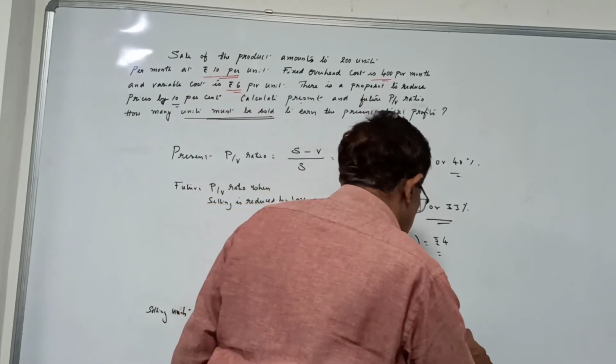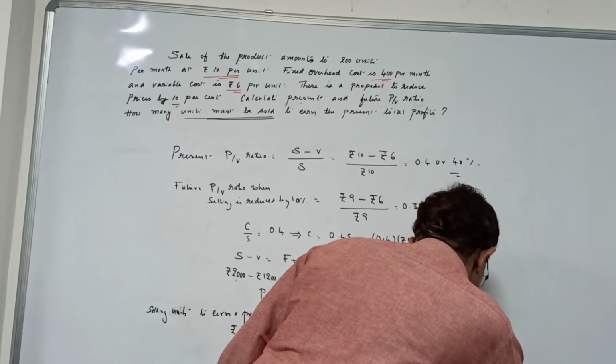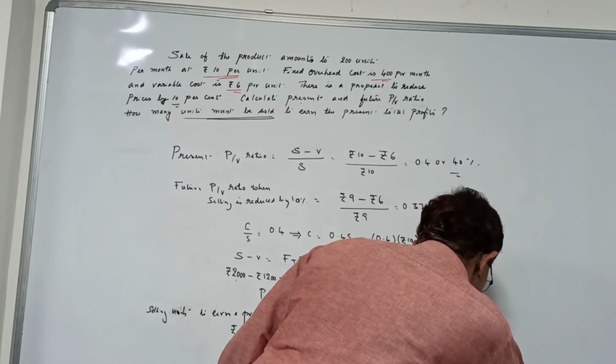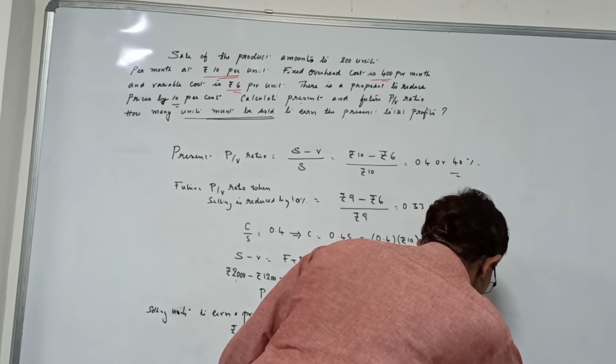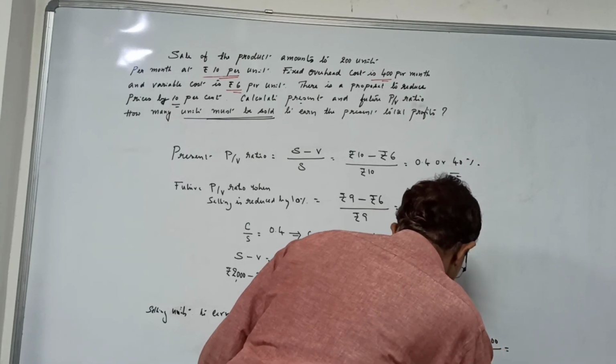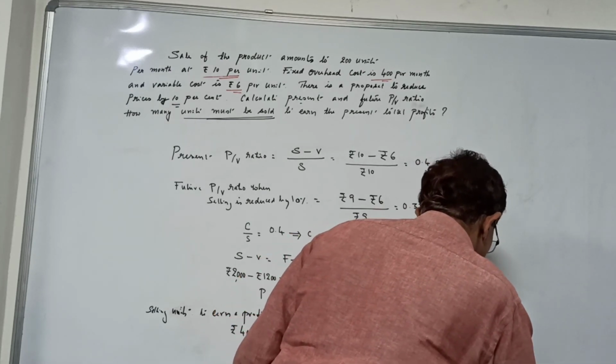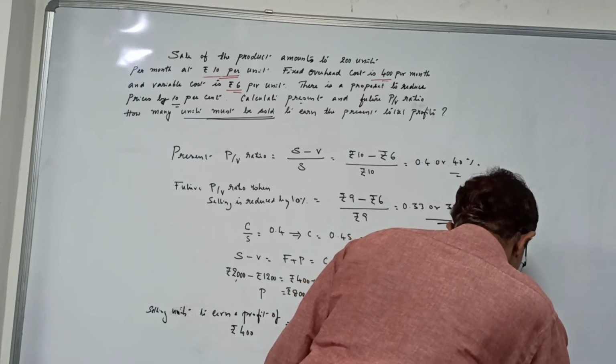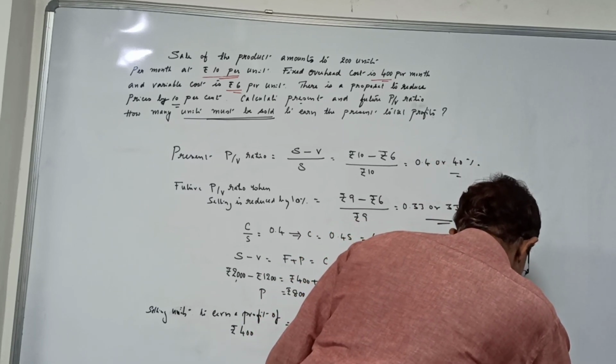So this is going to be 800 divided by rupees 3.